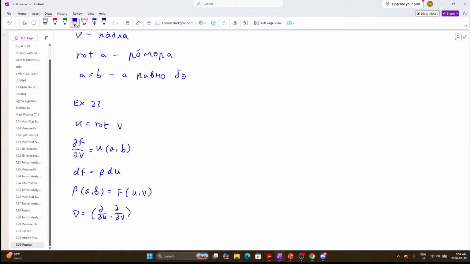So for exercise 23, we need to read this. U равно ротор v. U равно ротор v.